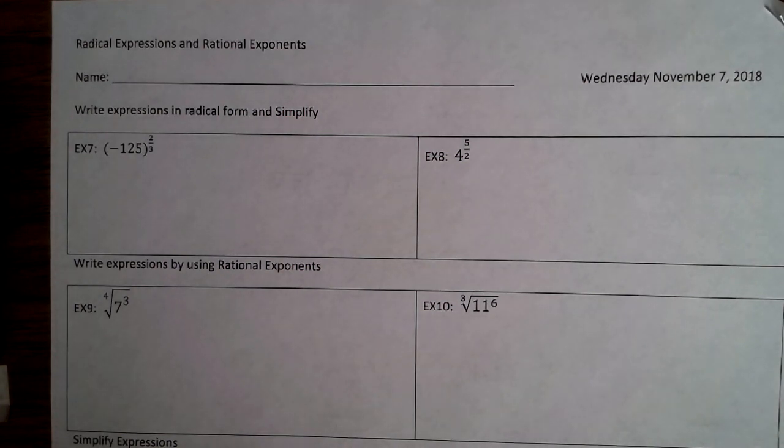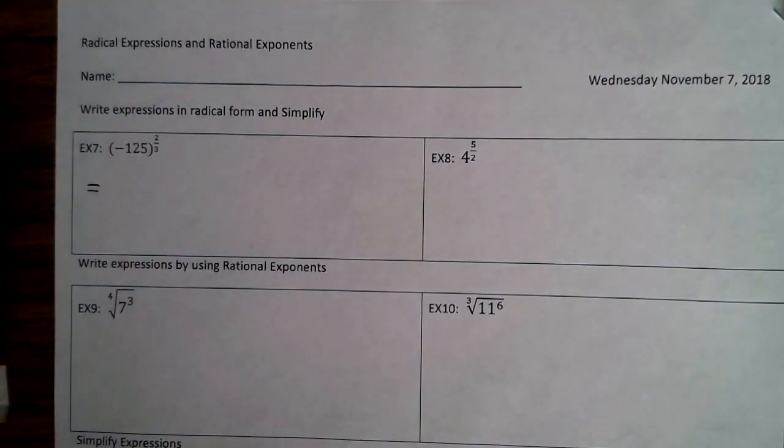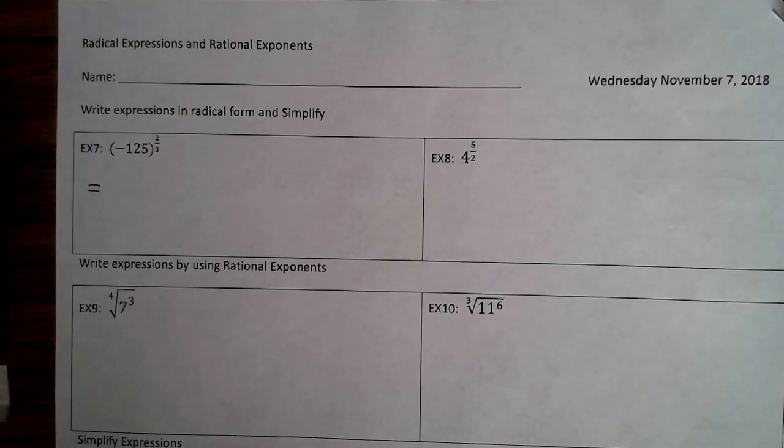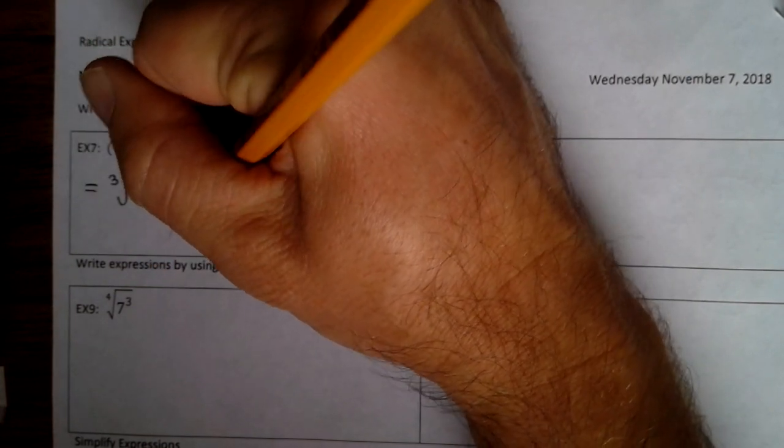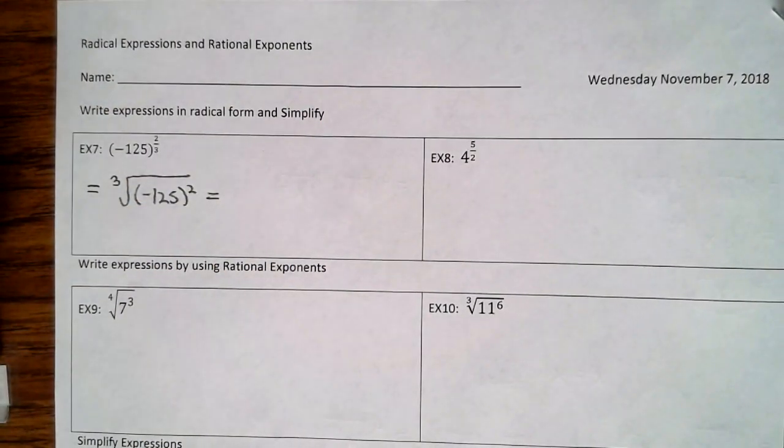If we rewrite this as a cube root of negative 125 squared, that becomes 25.